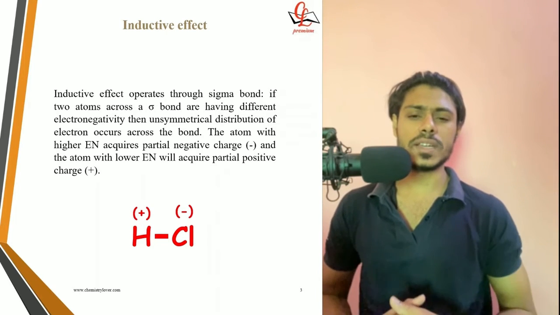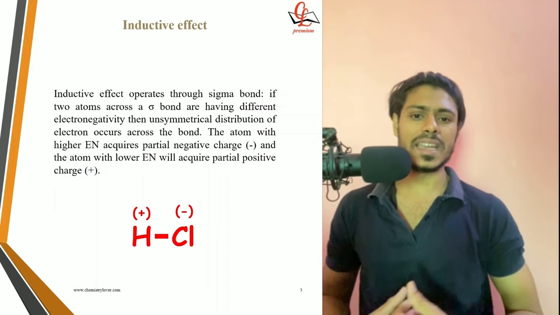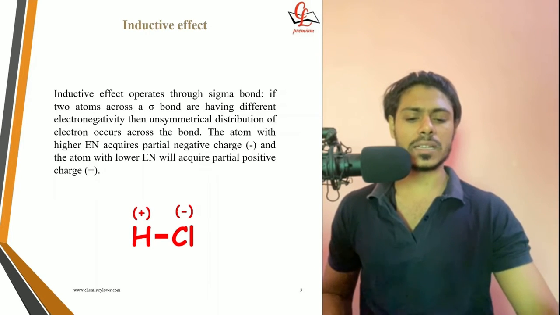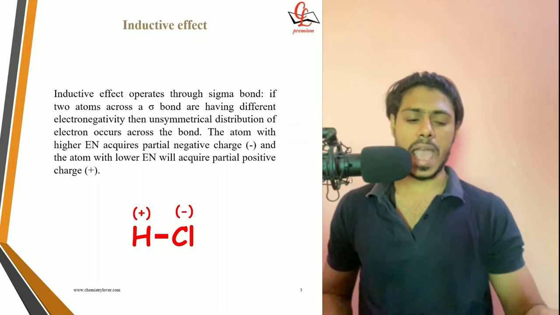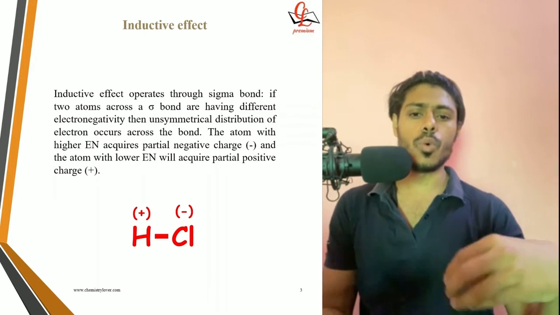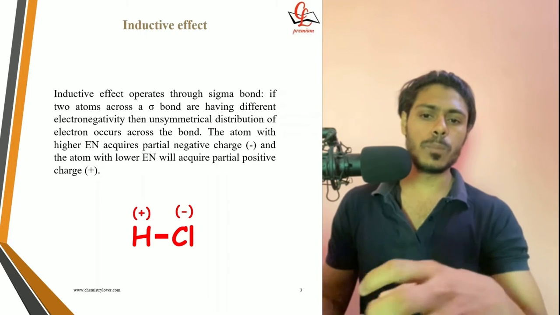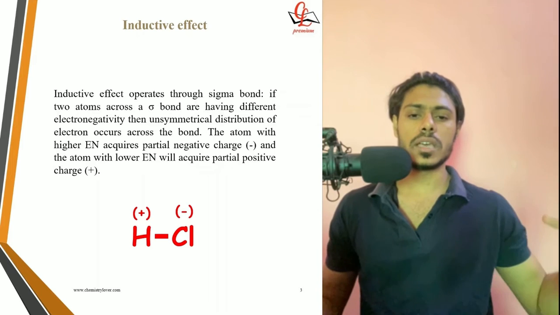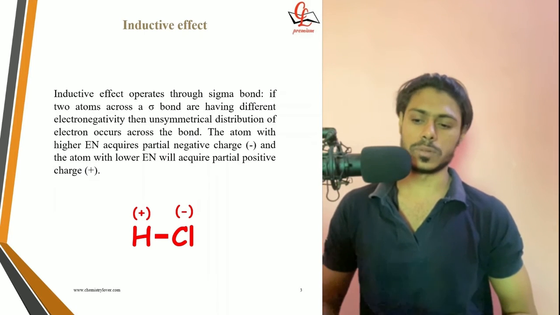Now how does it lead to the inductive effect? Inductive effect is when some atom is attached to carbon, and if that atom is more electronegative than carbon, it will pull electrons from the carbon, whereas if it is less electronegative than carbon, it will push electrons towards the carbon.